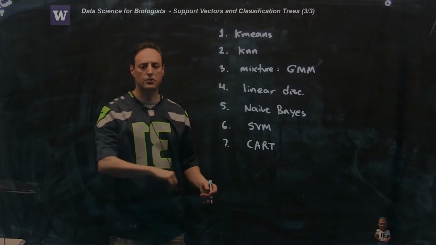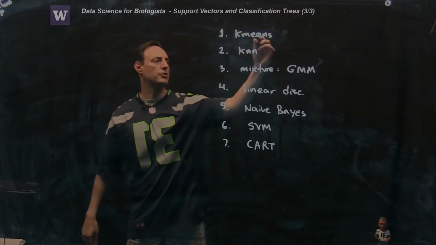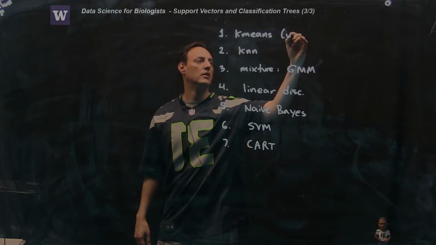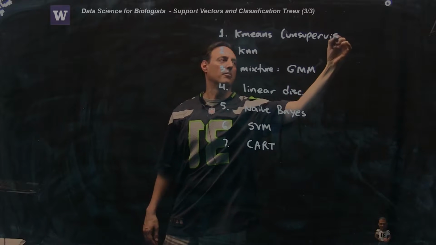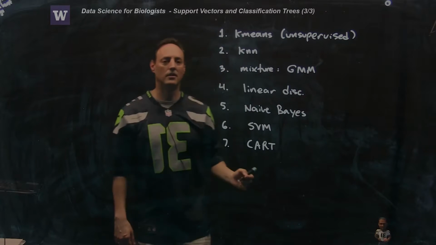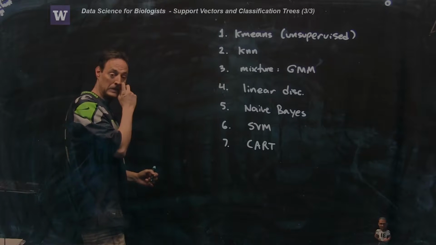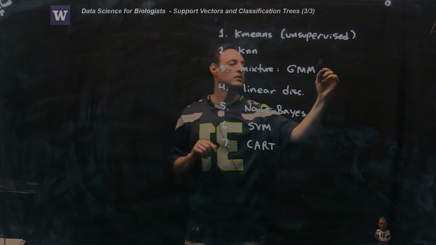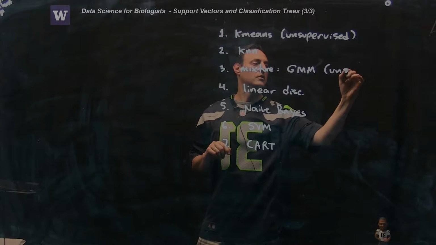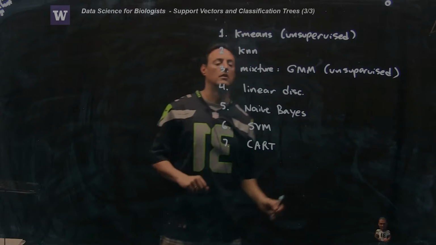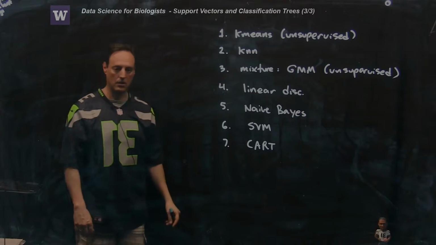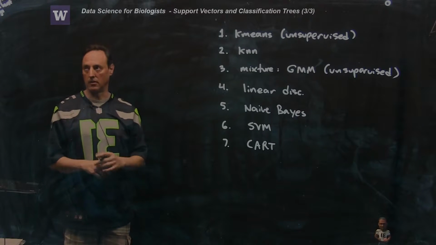Almost all of these are supervised, and let me put a star on those that are unsupervised. K-means is unsupervised. Gaussian mixtures are unsupervised. The rest of these are basically supervised algorithms.